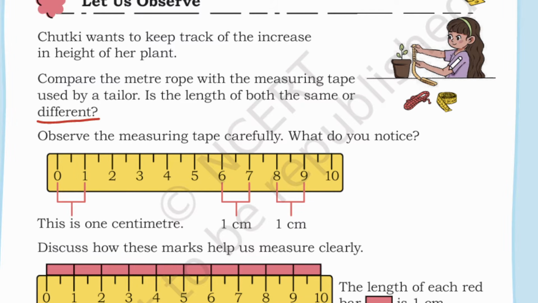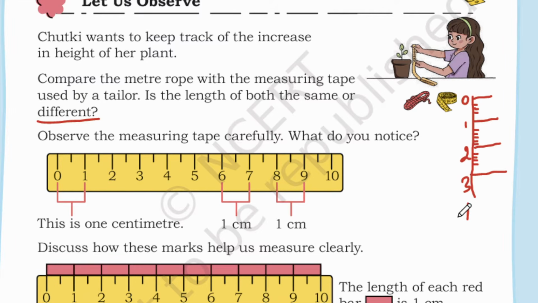The tailor will have a long measuring tape, right? If you see the tape, it is 1 meter long, which is divided into 100 small centimeters. So this is 0, 1, 2, 3.